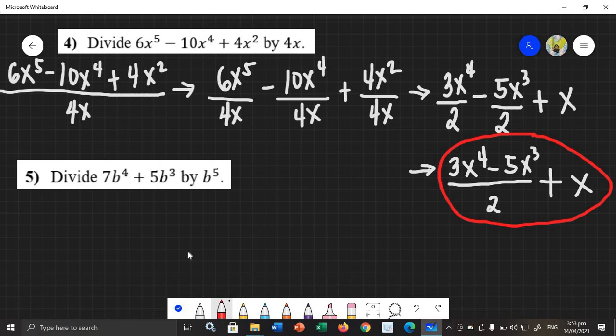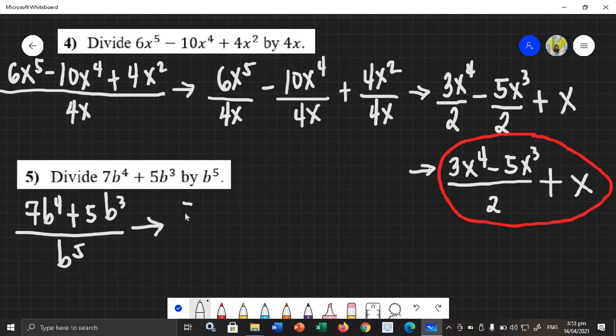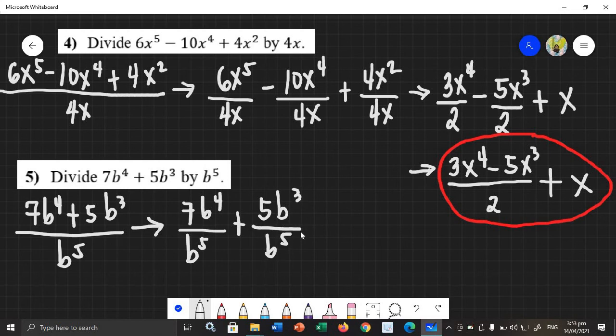Okay? And then lastly, we have example number 5. So rewrite ulit natin siya. And then we need to rewrite. So plus 5b to the third over b to the fifth power.